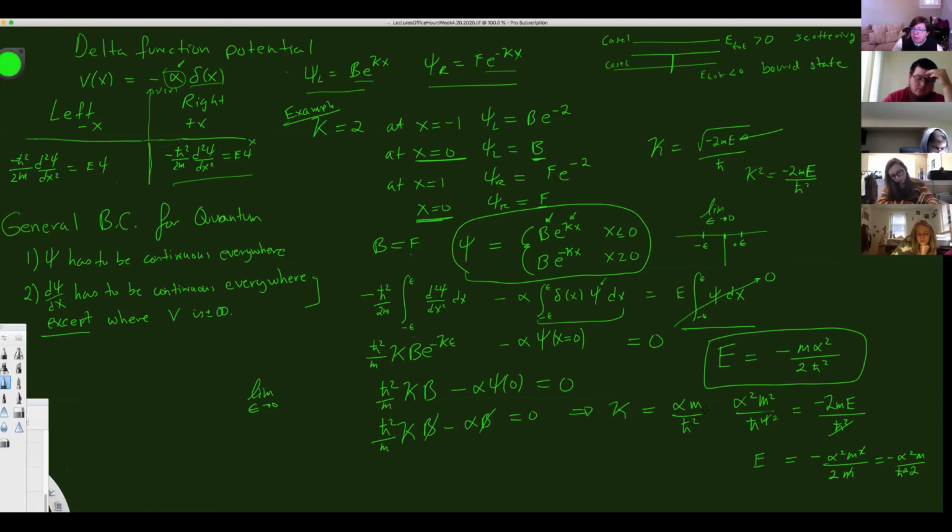But we need one more thing, which is B, and that comes from normalizing the wave function. Okay, so we can do that. I'm going to erase some of this work. We're going to finally get B and we'll have the whole thing.